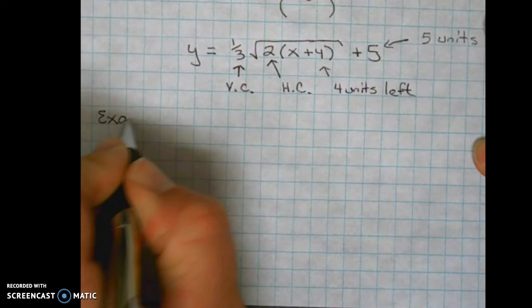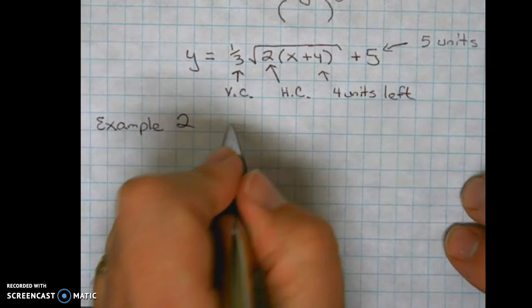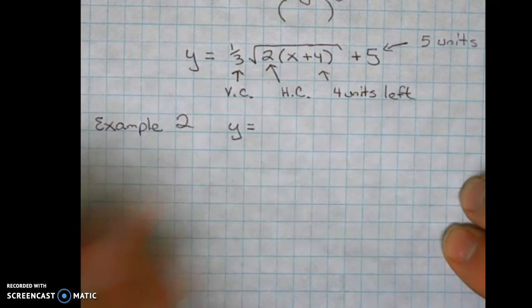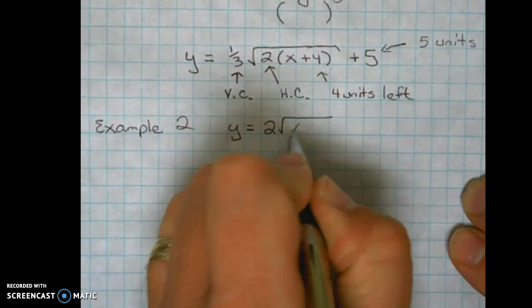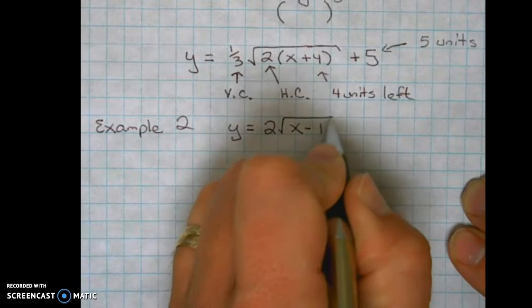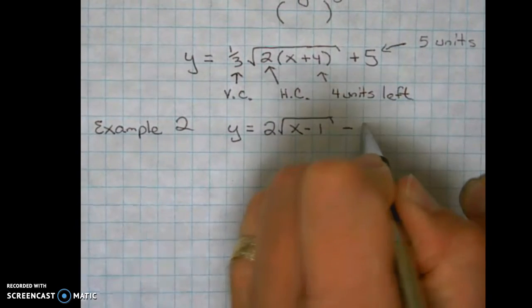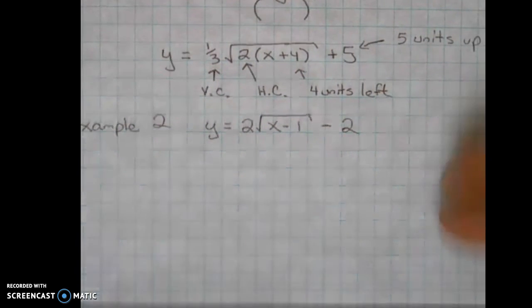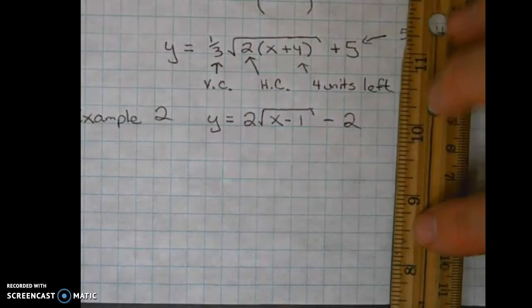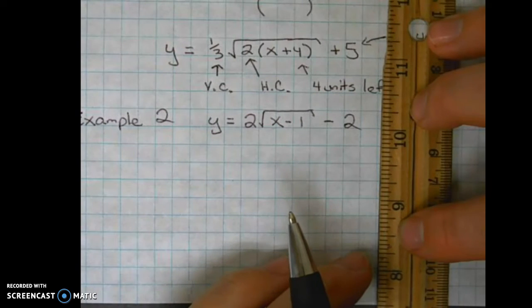We'll call this example 2, and we'll apply a stretch, a translation to the right, and a translation down. Okay, so let's make this graph. Hopefully I have enough space here.